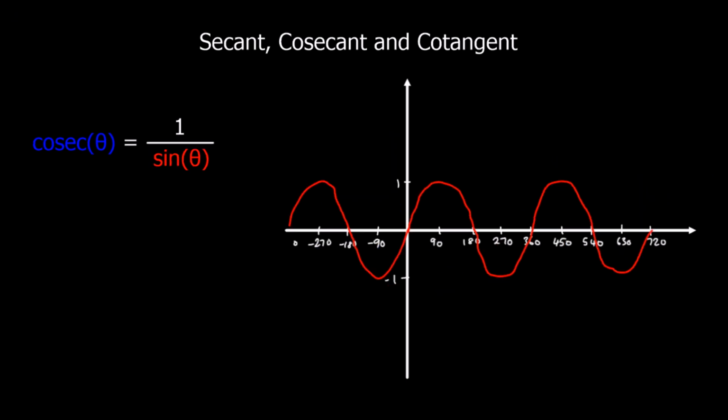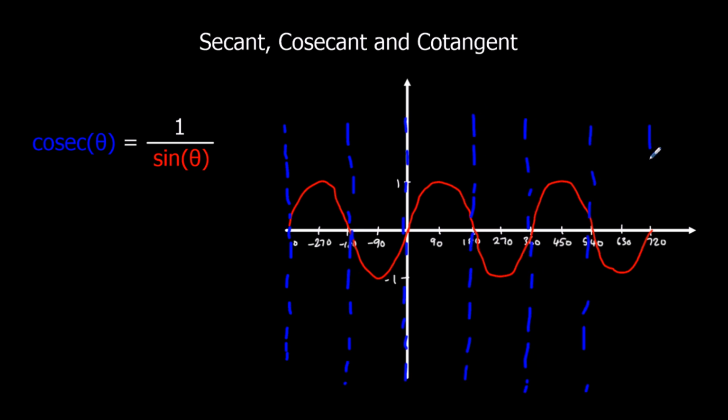The cosec graph is almost exactly the same, just shifted across. So wherever sine theta goes through 0, we have an asymptote. And wherever sine theta is 1, cosec theta is also 1.